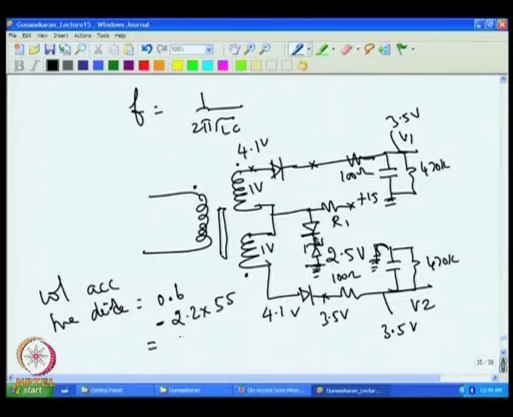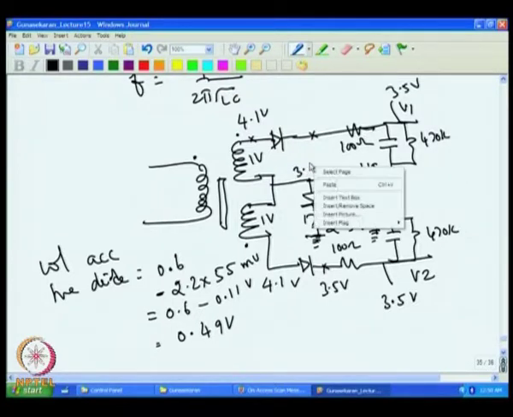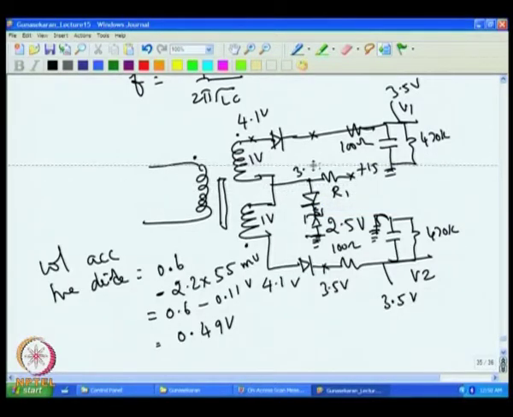So, that will give you 0.6 minus 0.11 volt, because 2.2 millivolt into 55 will give you 110 millivolt. So, that appears that the voltage will be 0.49 volt. So, at 80 degree C the voltage at this point would be 2.5 plus 0.49, so roughly 3 volt.